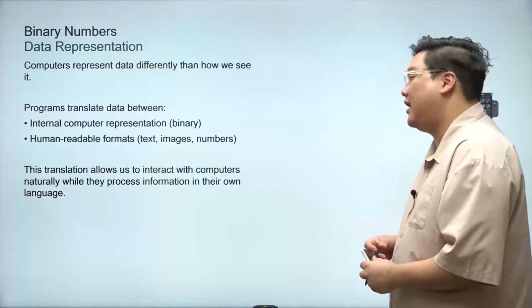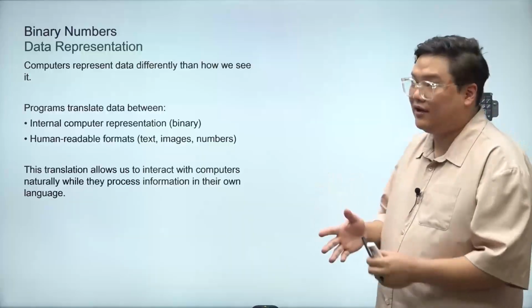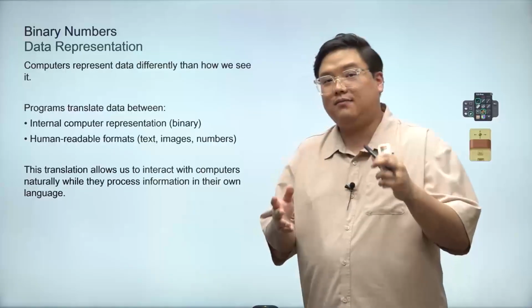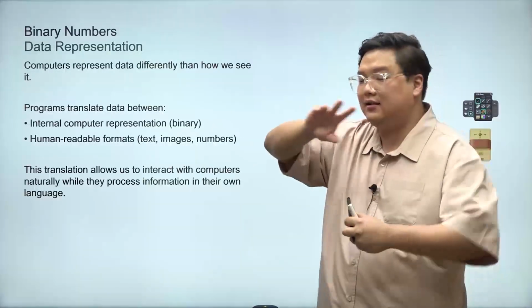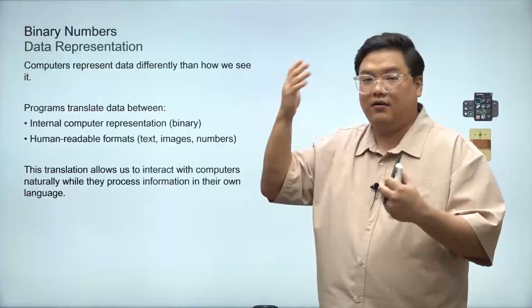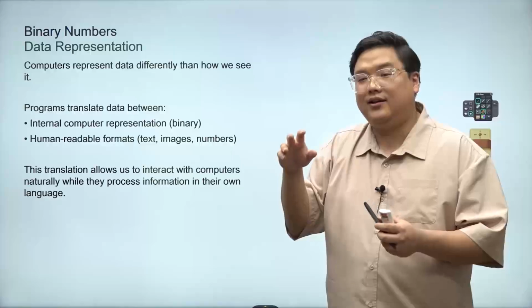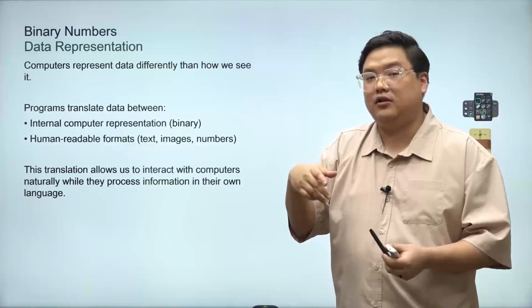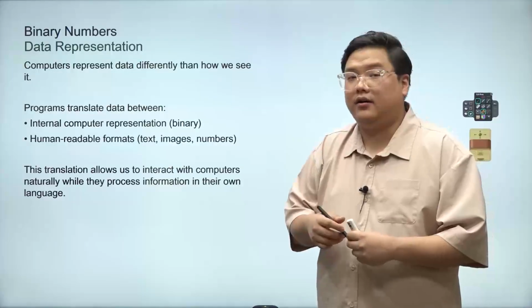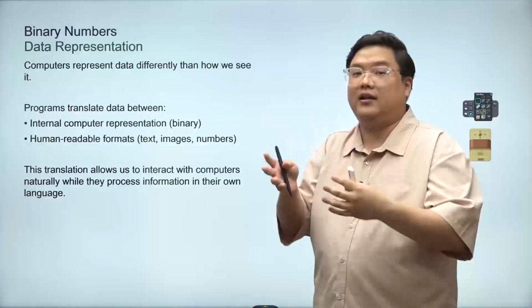This translation allows us to interact with computers naturally. We did mention it, right? We write code in Python or Java or whatever, which is similar to human language, and the compilers translate that to binary code, and the computer recognizes this binary code, right?